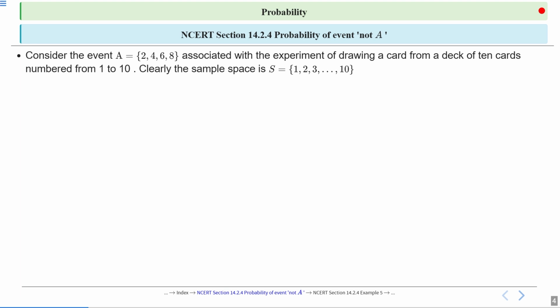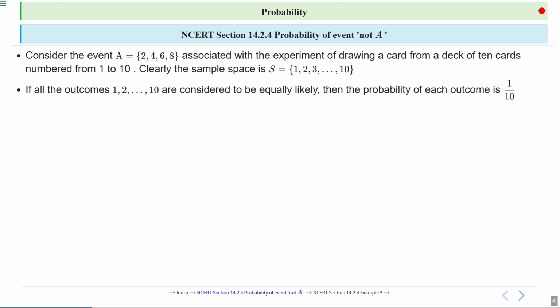Clear? And all the outcomes 1, 2, 3, 4 up to 10 are considered to be equally likely. The previous day we also discussed what equally likely means: when each outcome has an equal chance to occur, the outcomes are called equally likely.